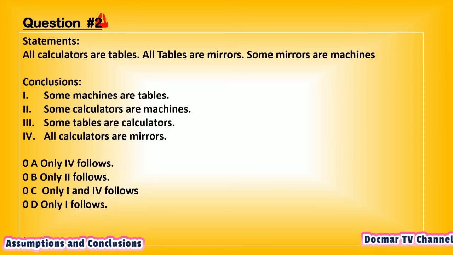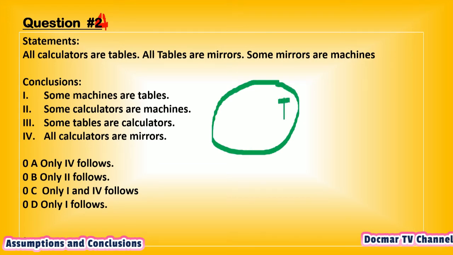Number 4: All calculators are tables. All tables are mirrors. Some mirrors are machines. Of course, we have to draw again a big circle. The big circle is tables, and the small circle inside is calculators.